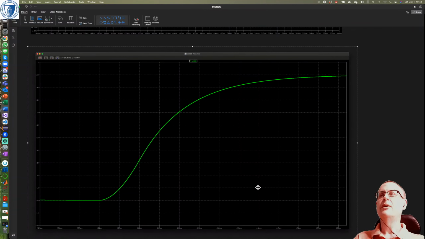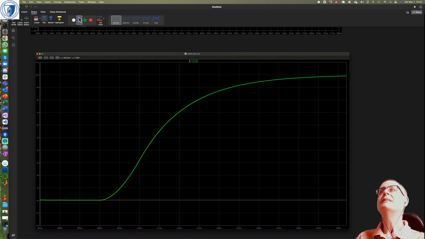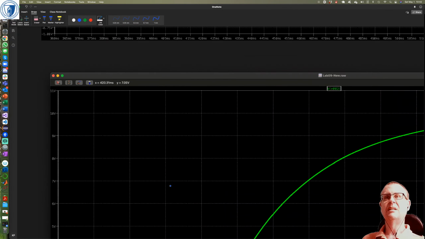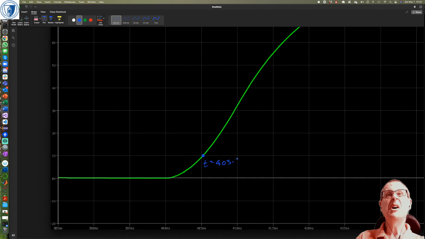Okay, so what we want to do is, we've got the 1 volt line, and this is cutting the 1 volt line at, I would say, T equals 405.5 maybe, or 406 milliseconds.